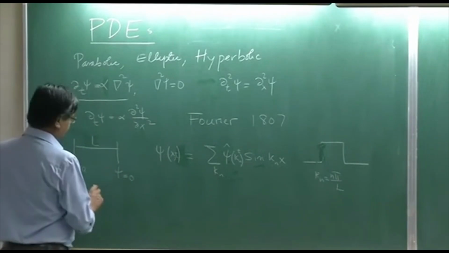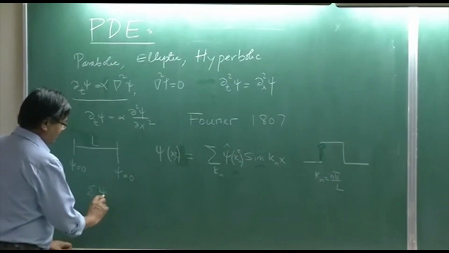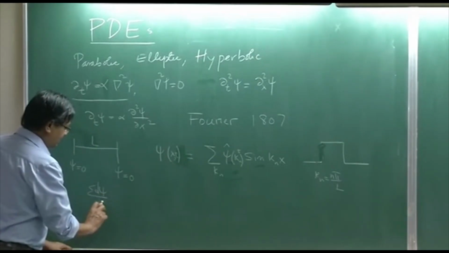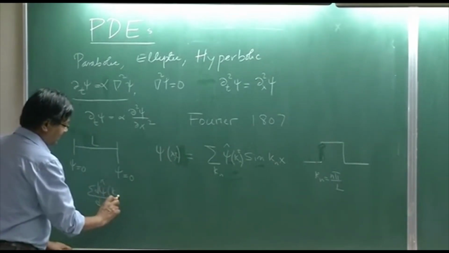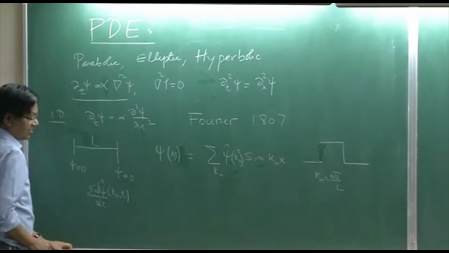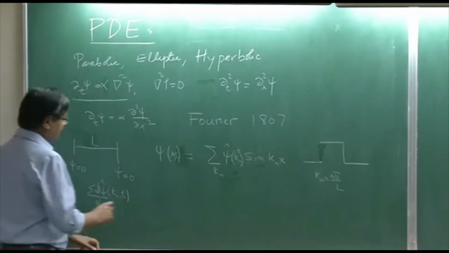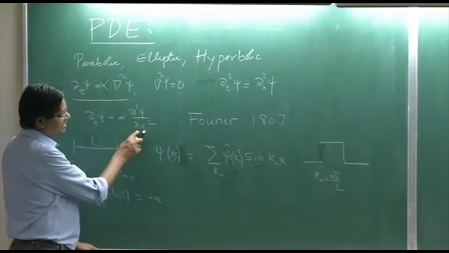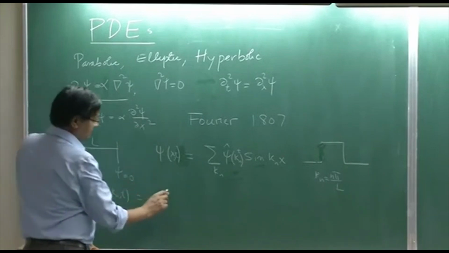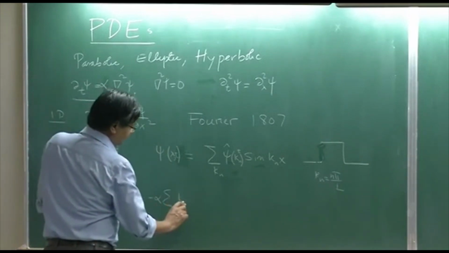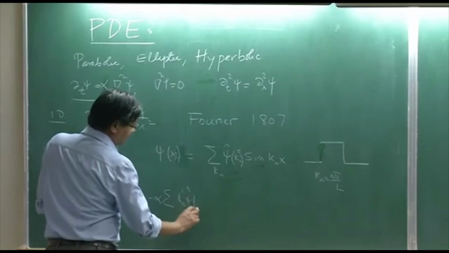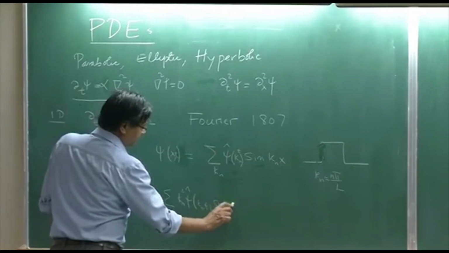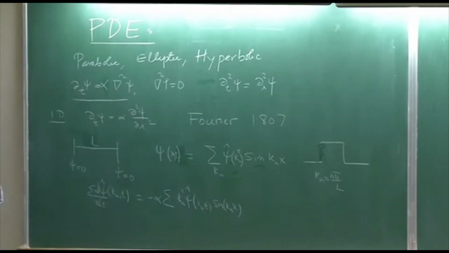So what do I get? Sum over n, the time derivative will act only on the coefficient, so d/dt of ψ̃(k_n, t). The right-hand side will be minus alpha. If I take the double derivative, what will I get? k_n squared ψ̃(k_n).